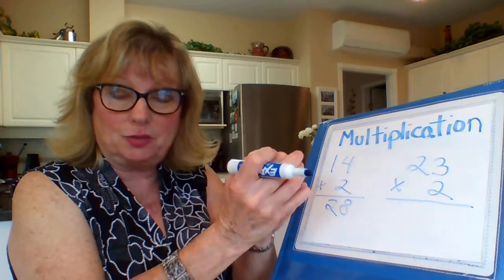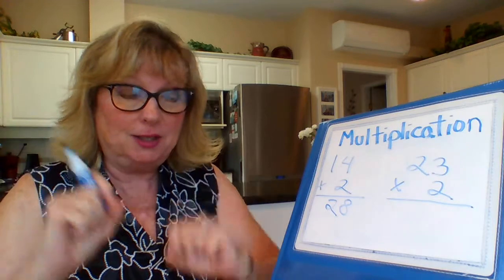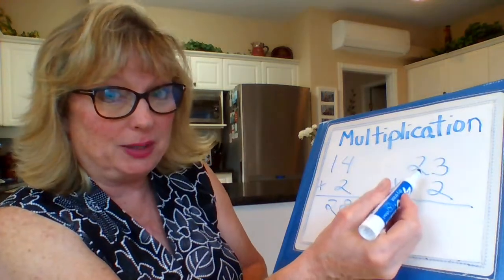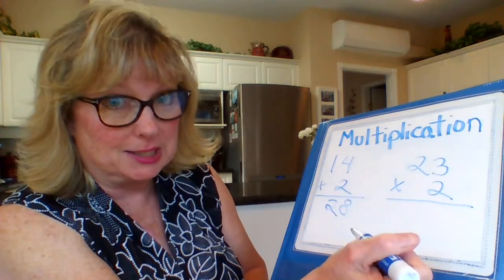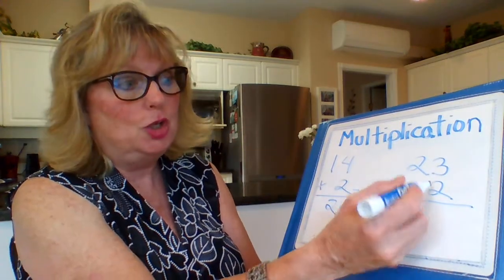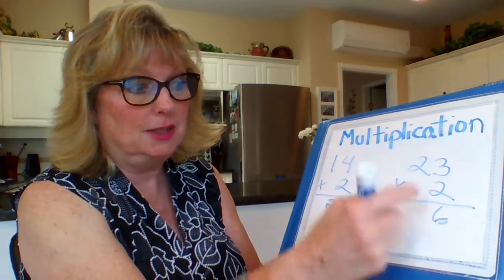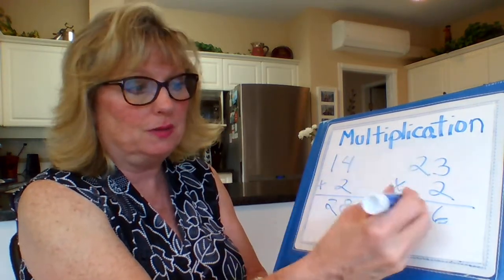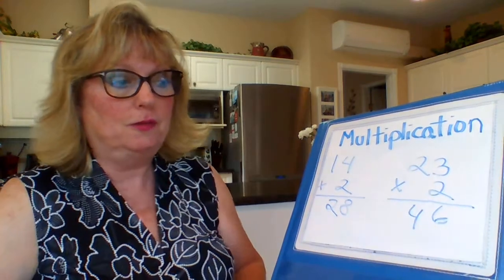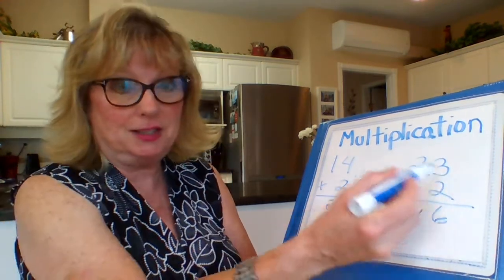I have a group of 23 plus another group of 23. That's 2 groups of 23. I can probably add that quick in my mind. It'll be 46. Let's see if the multiplication process gets us there. 2 times 3, 6. 2 times 2, 4. The answer is 46. Excellent.